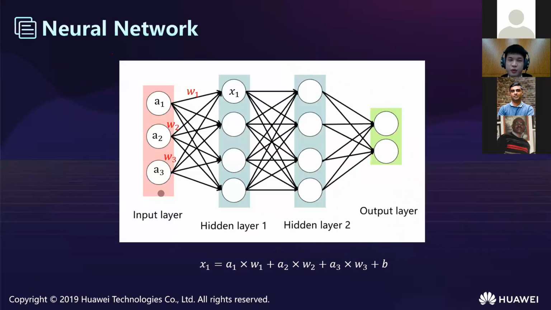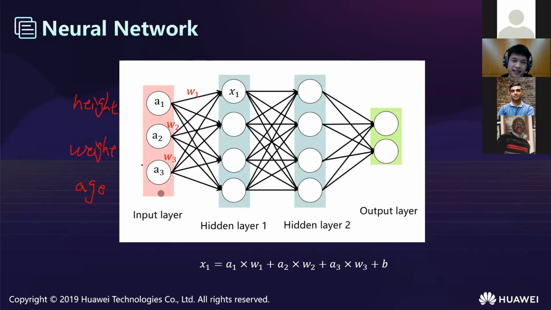So we have neural networks. Neural networks mean we can have a lot of hidden layers. Here, the input layer means the features of the data. For example, the height of the human, the weight of the human, and the age of the human.